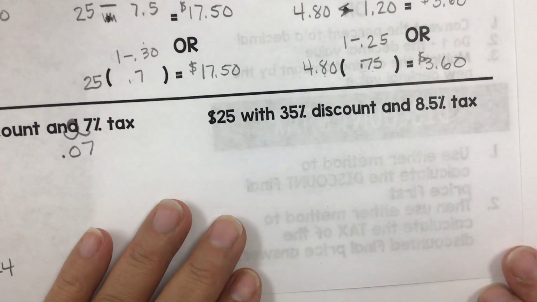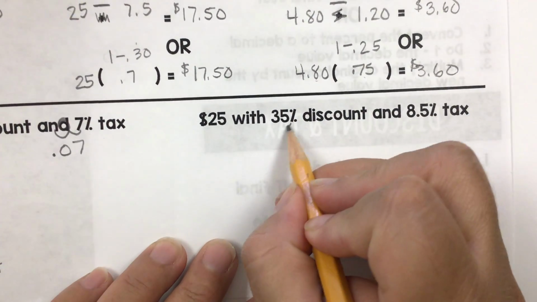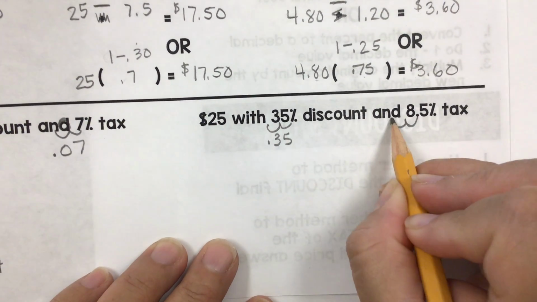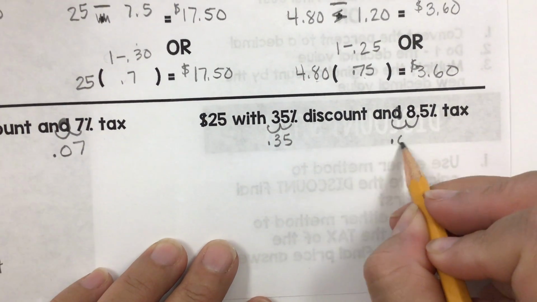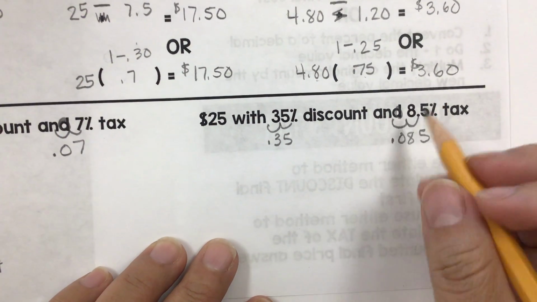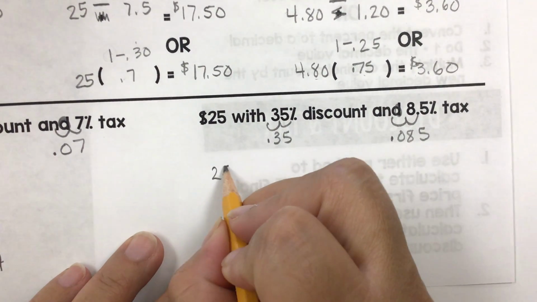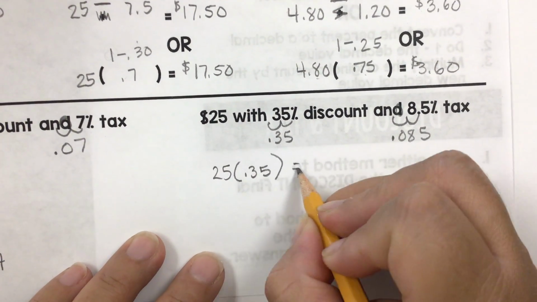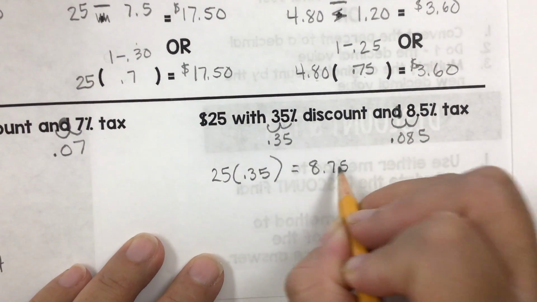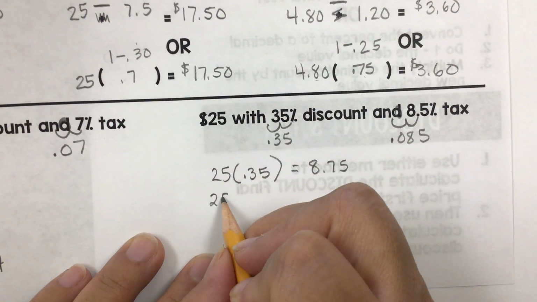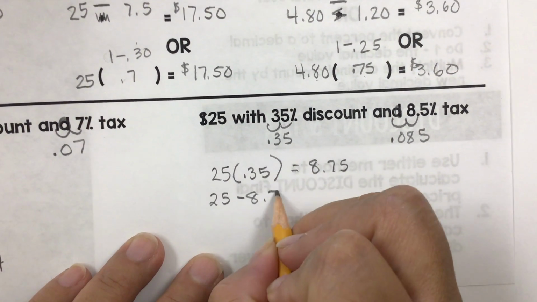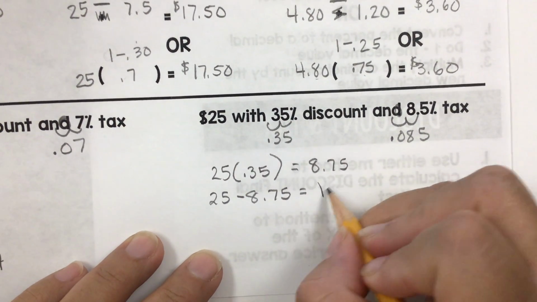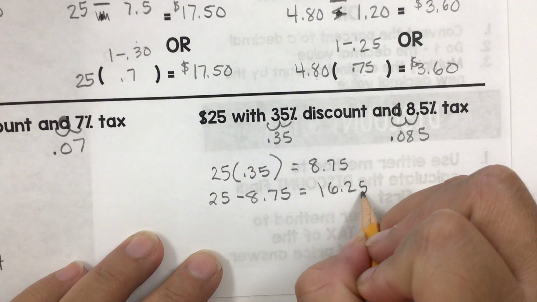On the next one, we fixed the decimals. We got 0.35. And don't forget you have a placeholder, 0.085. We're going to take 25 and multiply by the discount amount of 0.35, and that gives you $8.75. That means that you have to subtract that $8.75 from your original amount because it's a discount, giving you $16.25.